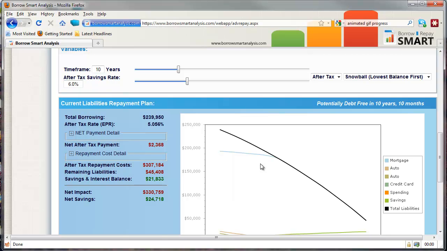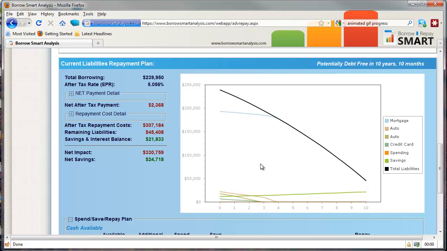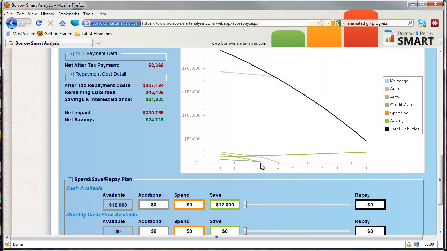Well, with a snowball strategy, as each debt is paid off, that cash flow that's freed up can then be used to repay the other debt. As that first lowest balance pays off, in this case probably that credit card, that $200 a month goes towards the next car.